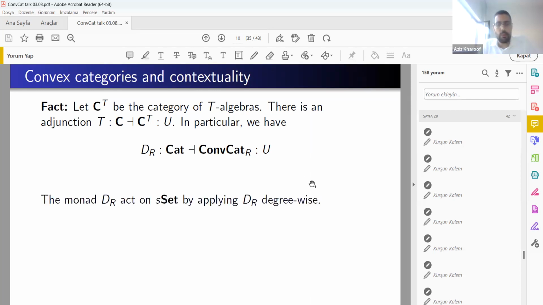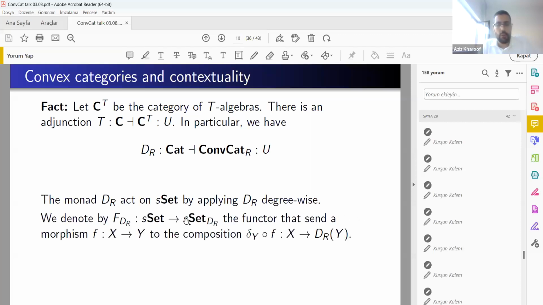And we also have, as we said before, the monad D_R acts on simplicial sets degree-wise. So actually, we have this functor that sends simplicial sets to the Kleisli category.